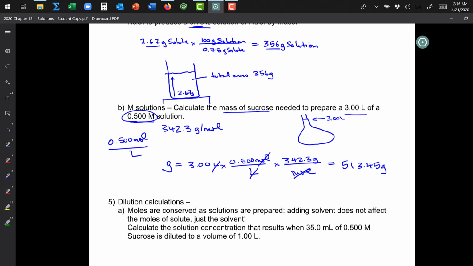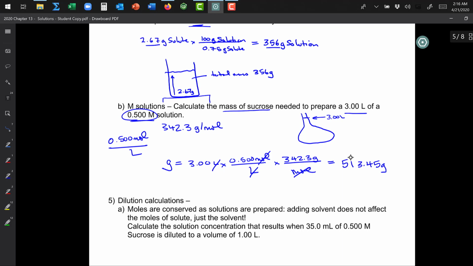So the way the solution's made is actually you take this solid, you stick it in the flask with the aid of a funnel, or sometimes you have to use the aid of some of the water that's going to go in there. And again, you don't actually measure the water out. You fill the flask up usually about halfway, and you dissolve as much of the solid as you can, and then you go ahead and continue to add water and mix until you get to that line.